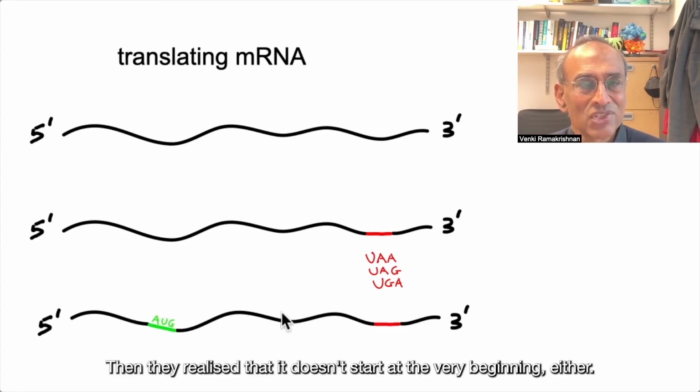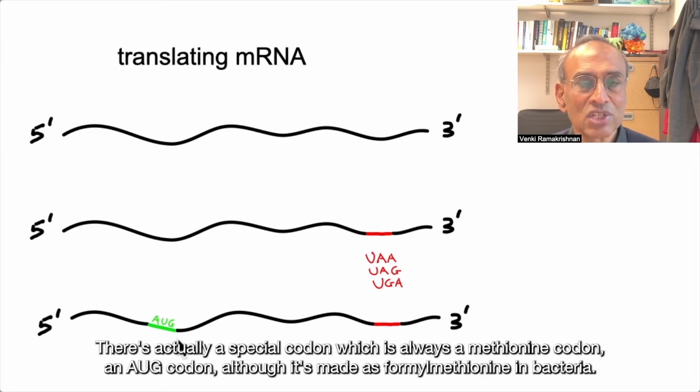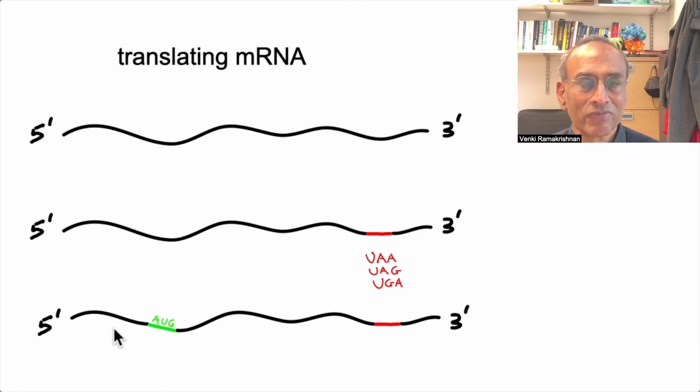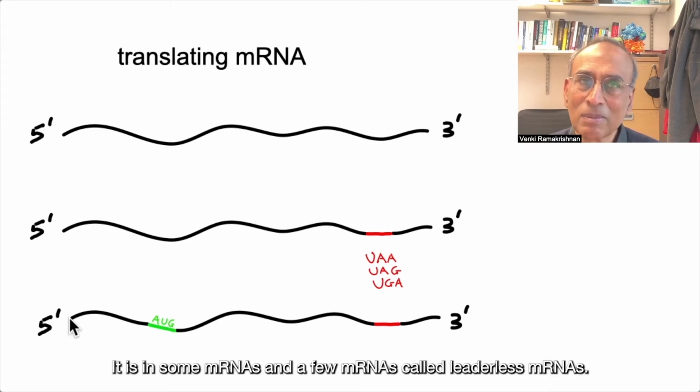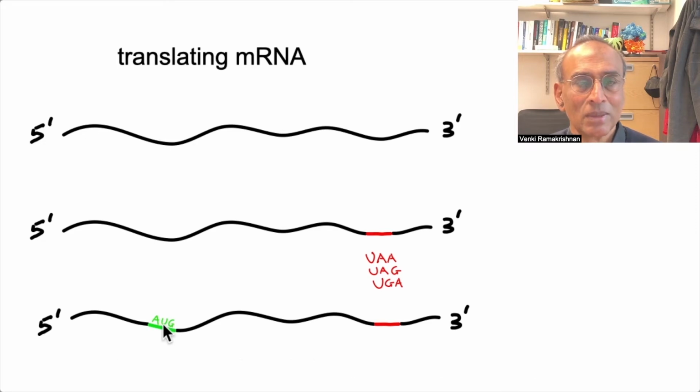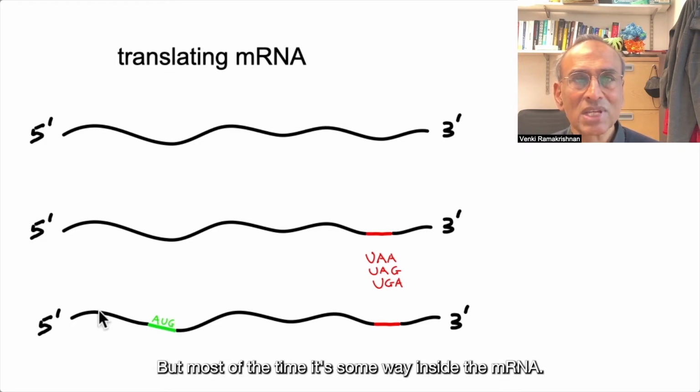Then they realized that it doesn't start at the very beginning either. There's actually a special codon, which is always a methionine codon, an AUG codon, although it's made as formyl methionine in bacteria. And that's not always at the 5' end. It is in some mRNAs, in a few mRNAs called leaderless mRNAs, but most of the time it's some way inside the mRNA.